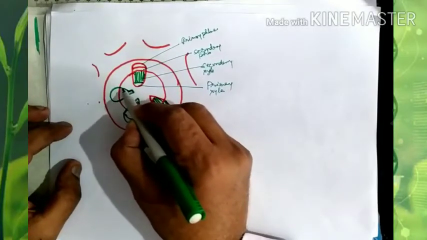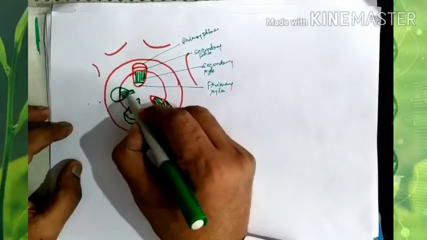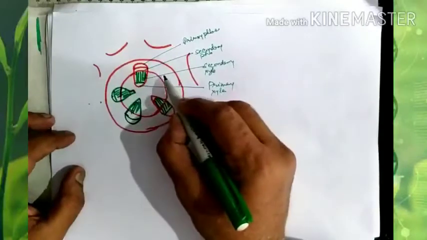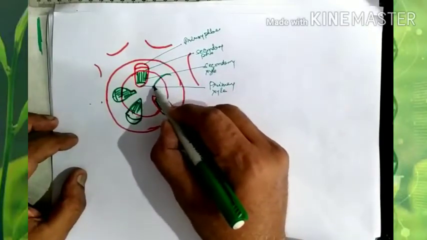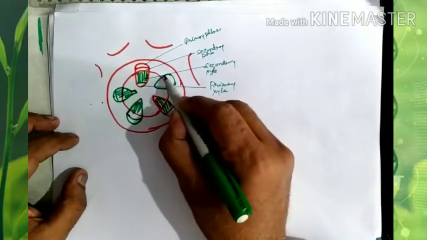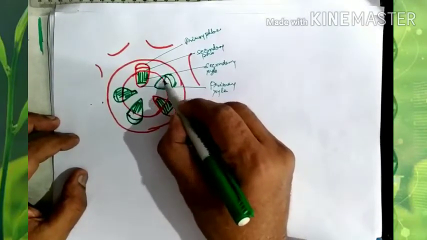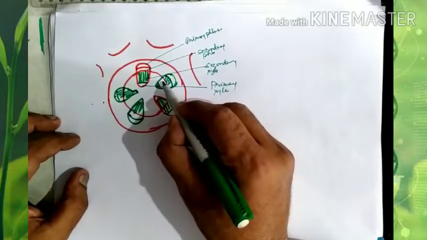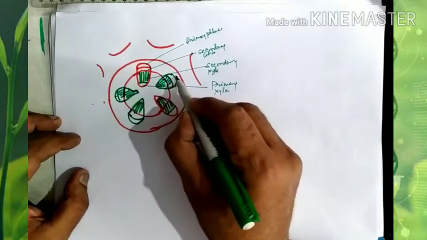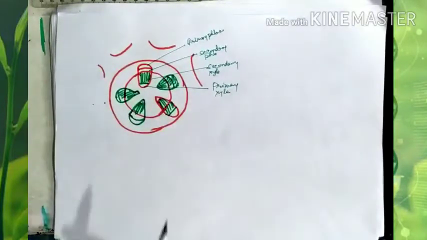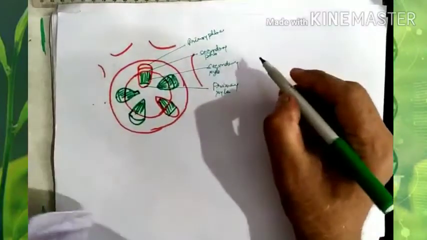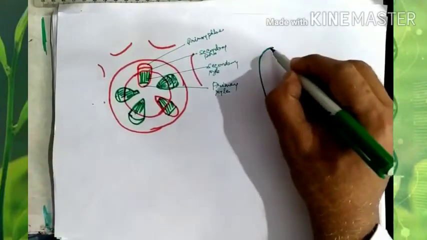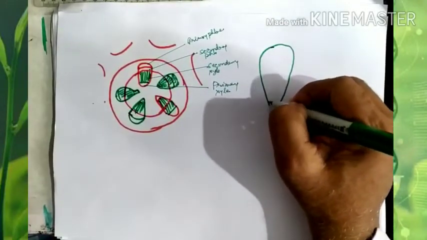This is the primary xylem, this is the secondary xylem, this is secondary phloem, this is primary phloem. So likewise, one vascular bundle shows like this.